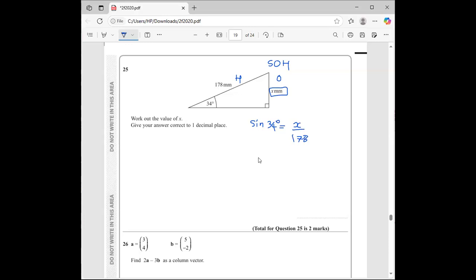Now, have you figured out how to use your calculator to get the values for sine and cosine? 178 multiplied by sin. Hold on. Let me go back to that place. Yes, so x will be equal to 178 multiplied by sine 34.